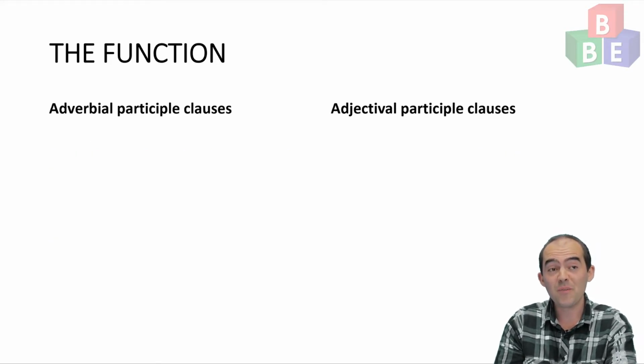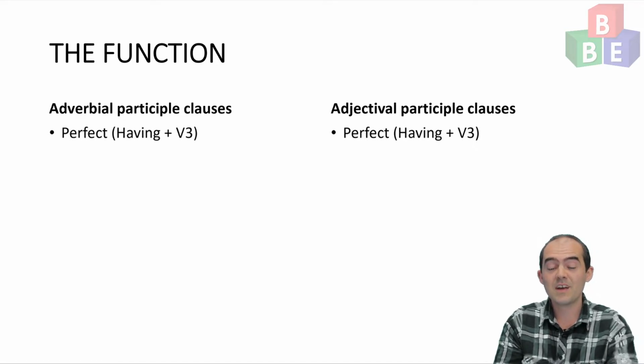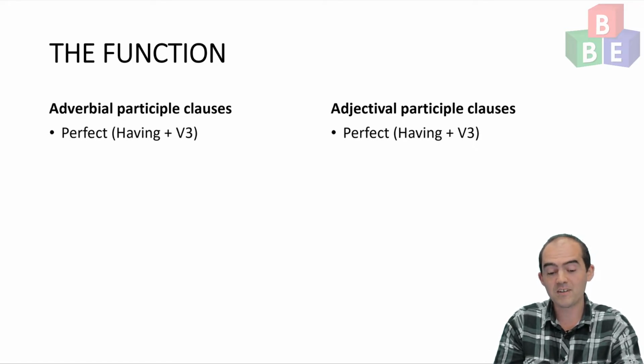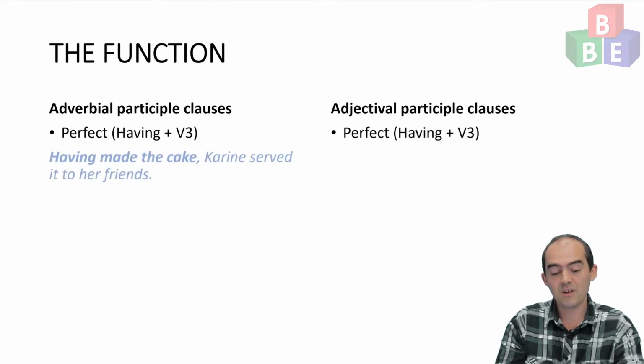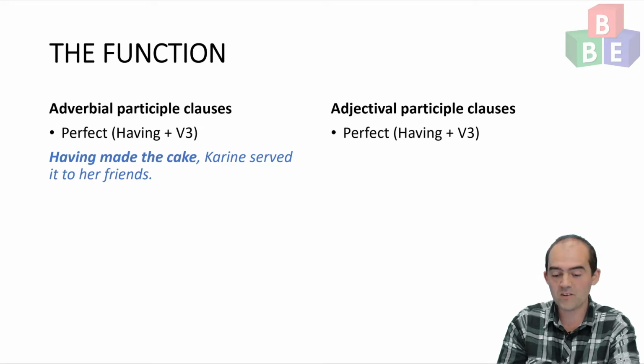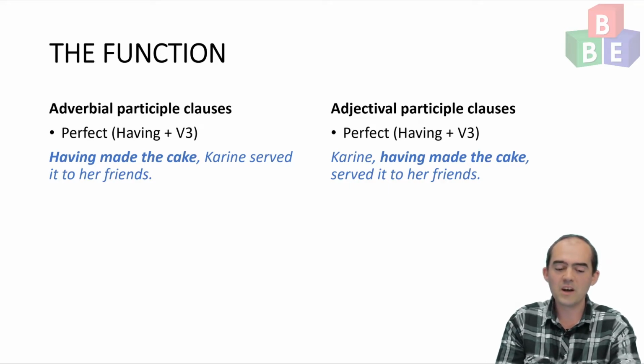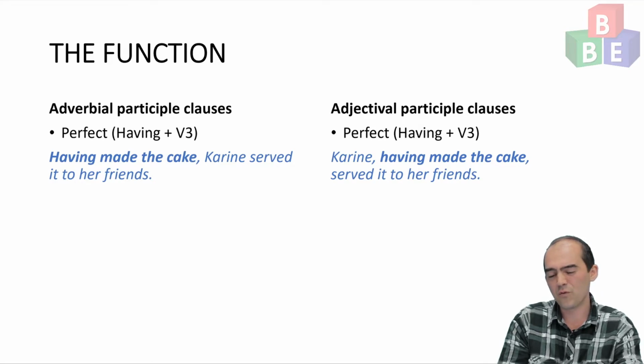Our final form is the perfect participle, having plus verb 3. As in this example, having made the cake, Karini served it to her friends. Or, as the adjectival, Karini, having made the cake, served it to her friends. So I can use an adverbial or an adjectival form for the perfect participle.